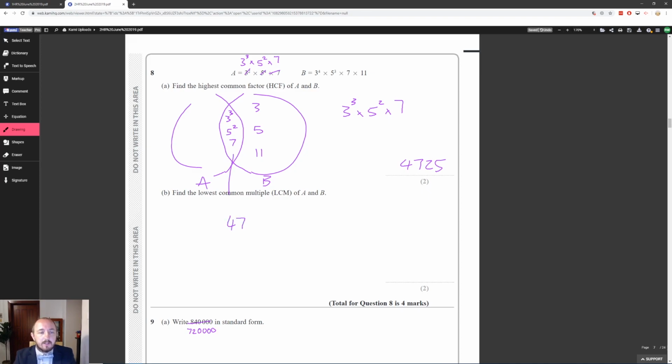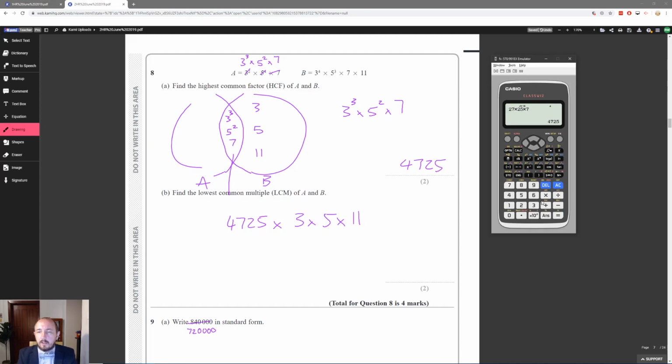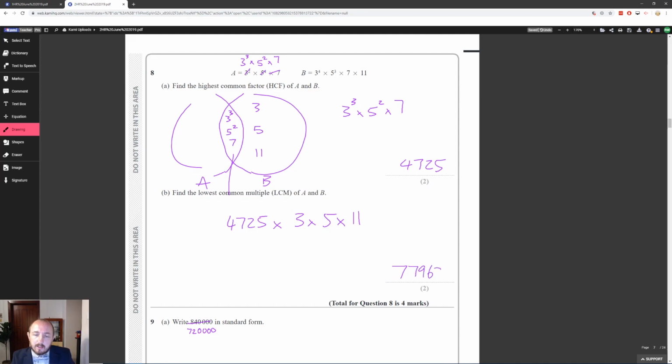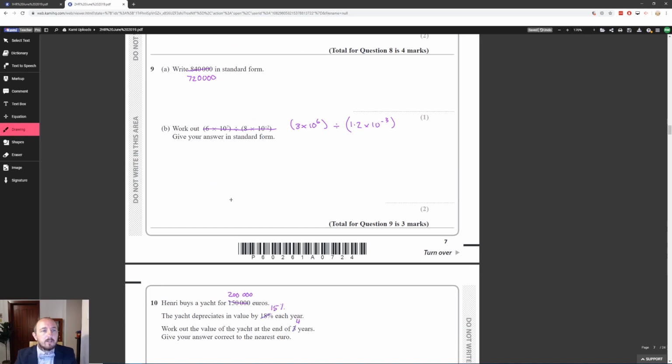So 4725 times 3 times 5 times 11. So take that and multiply it by 3, 5 and 11. 779,625. Write that in standard form. So we've got 7.2 and then 1, 2, 3, 4, 5 decimal places like that.